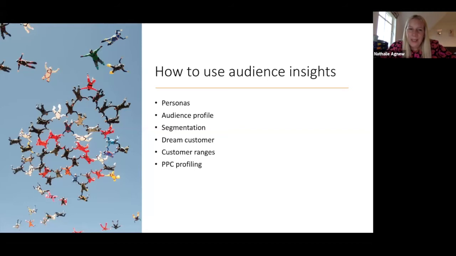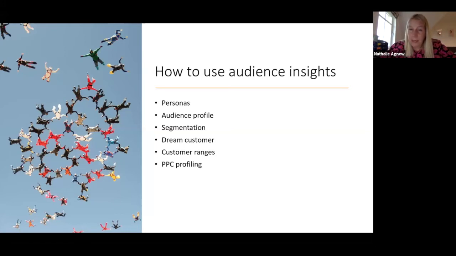Then looking at segmentation. So segmentation might be to say that you have 3 really clear audience groups, and then you can break them down and you can think for different things that you might be communicating, who's the key segment that you're targeting there.